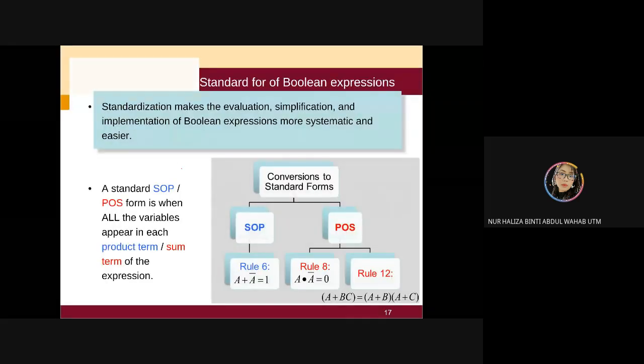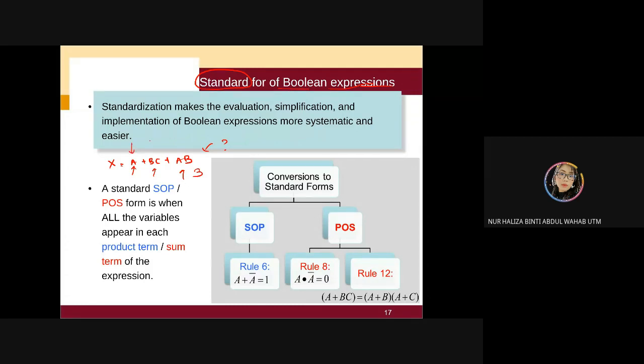So you need to know what is standard for your Boolean expression. Standard, okay. Let's say you have X equal to A plus BC plus AB. Is it a standard Boolean expression or not? For this Boolean expression, there are altogether 3 variables.